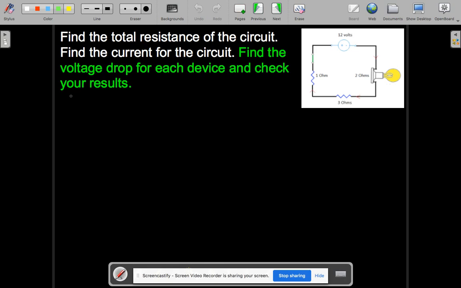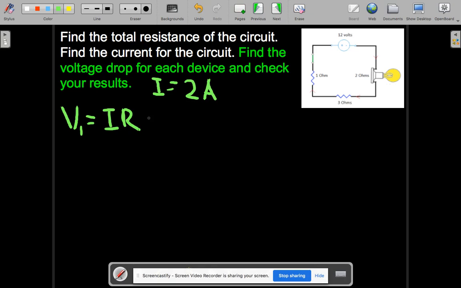To find the voltage drop across each one, we're going to say V1 equals I times R. Now once we find the current in one place, we've got the current for the entire thing. So our total current across each of the resistors is going to be that 2 amps that we just found in the previous problem.